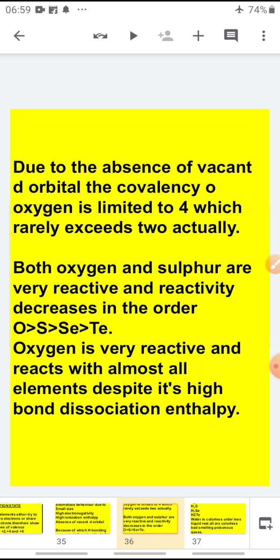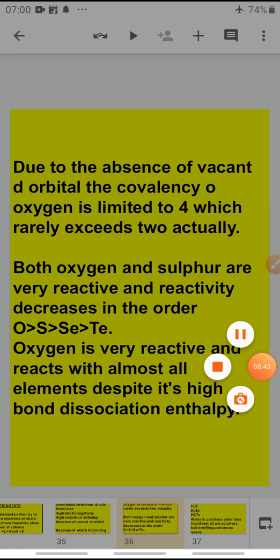Now, both oxygen and sulfur are very reactive, and reactivity decreases from top to bottom if we move down the group. That is, oxygen is highly reactive, then sulfur, then selenium, and then tellurium. Oxygen is very reactive and it reacts with almost all the elements despite its high bond dissociation enthalpy.